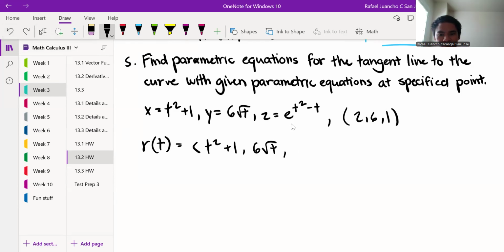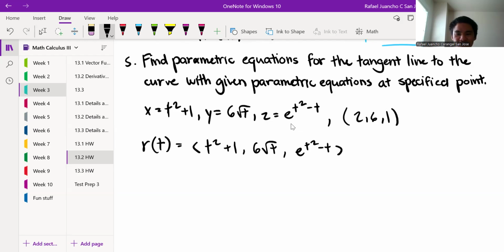No, not z. E. Now what I can do here is take its derivative, right? So that I can find the velocity or the direction. So I need to find the direction because once I plug in a t, I get a position.